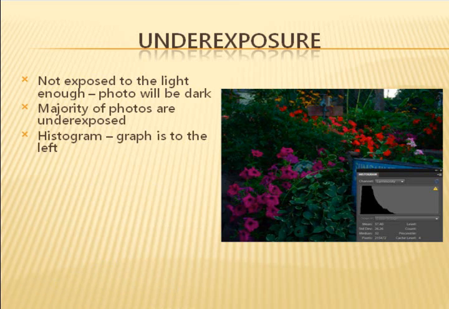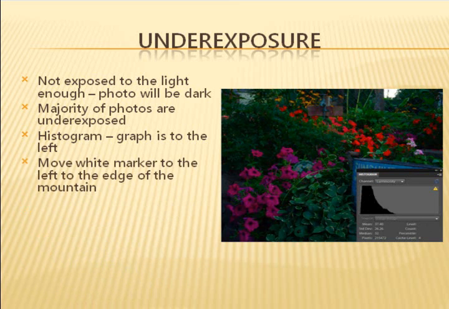The histogram has the graph with most of the information on the left. As you can see here in this image, all of the histogram is on the left because this is a drastically underexposed photo.